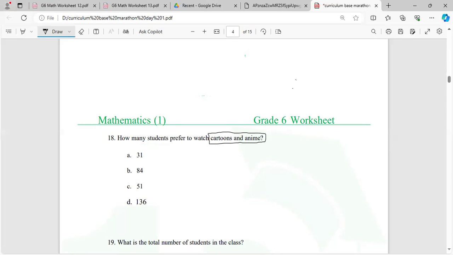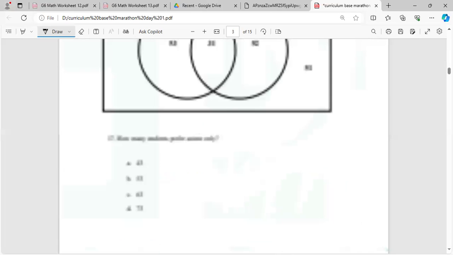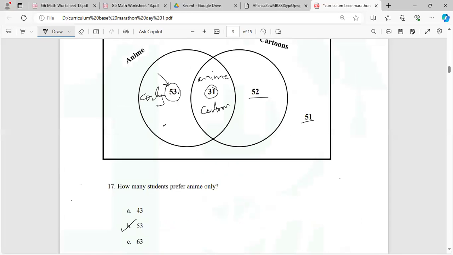Alright. Since you didn't say which one of them, like cartoons or anime. If it was or, then you could have added, but it's and. That means you like both of them together. Yeah man, go ahead. Probably mixed it up with the anime total. If it's a total, then we'd consider all of this. I said anime and cartoon.